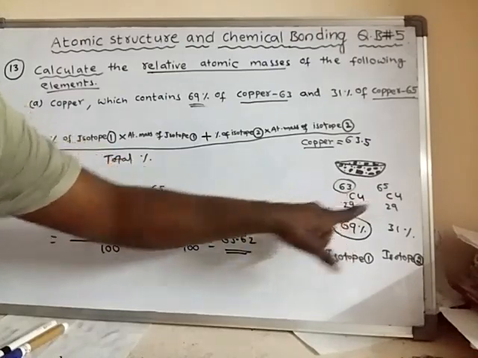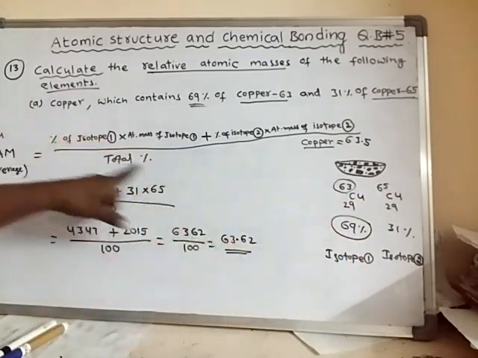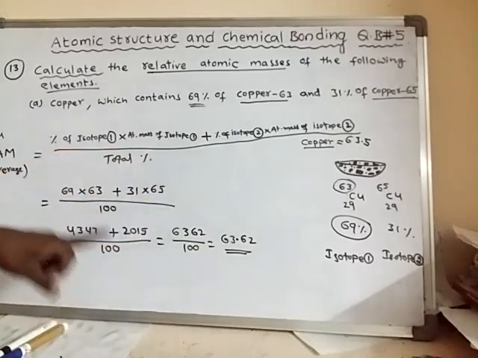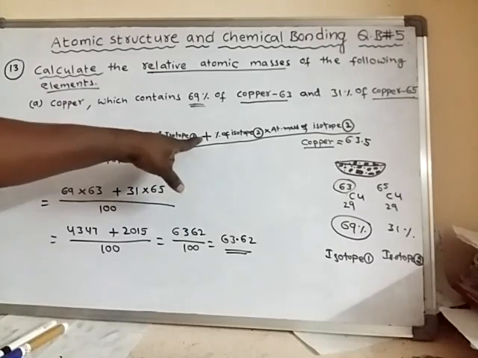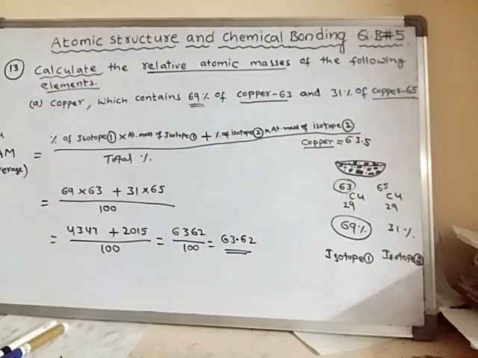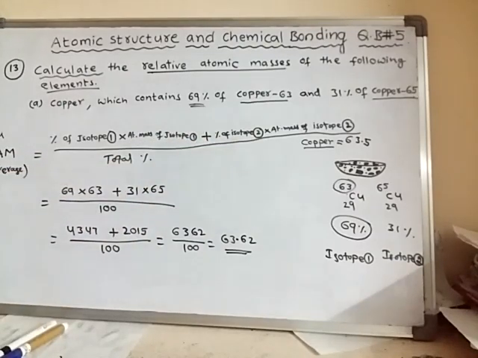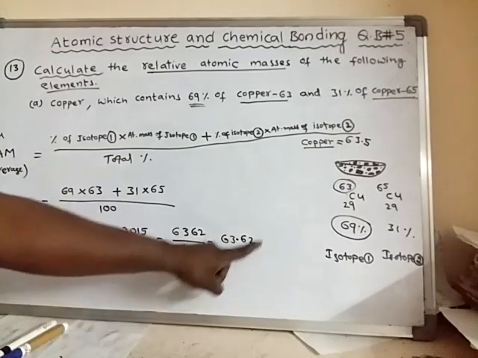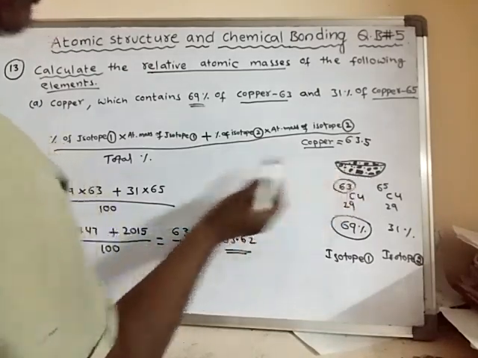When two different isotopes of the same element are given, we use this formula: percentage of isotope 1 into atomic mass of isotope 1 plus percentage of isotope 2 into atomic mass of isotope 2, divided by total percentage. Finally you get a value, which is nothing but the average mass.